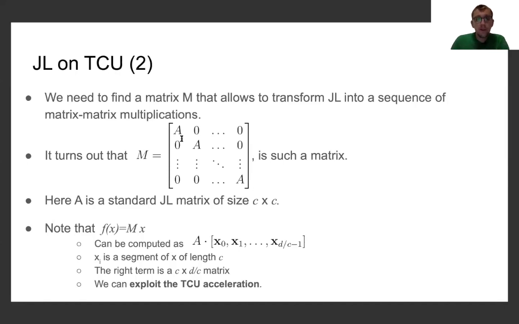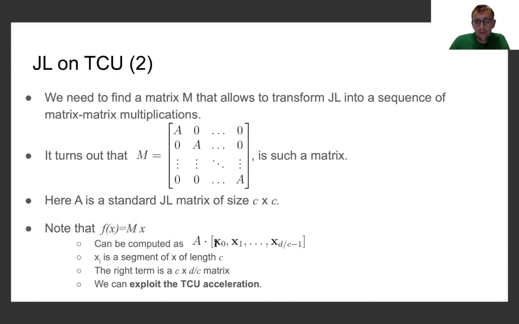Now, this matrix M has a very nice property. We can reduce the matrix vector product M times x into a matrix times matrix multiplication. Indeed, M times x can be computed as A times the following matrix, x0, x1, dot dot dot, x d over c minus 1, where in the right term, the element xi is a column vector representing a segment of x.